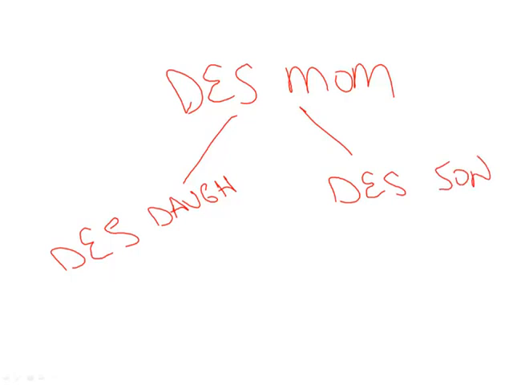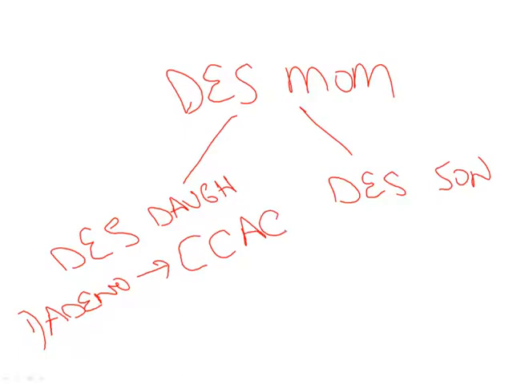Now, DES daughters, the key first complication, which we've already discussed, is that they could get vaginal adenosis. And the problem with adenosis is that it could potentially become clear cell adenocarcinoma, which was the feared complication of exposure to DES.